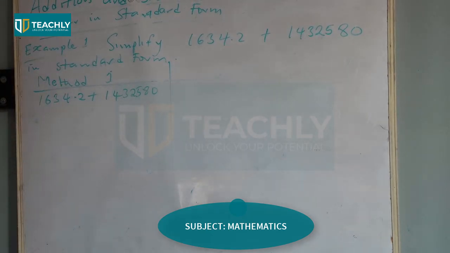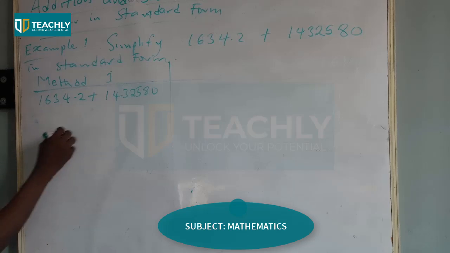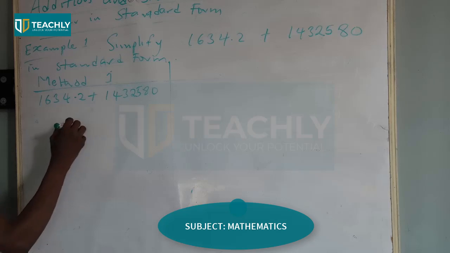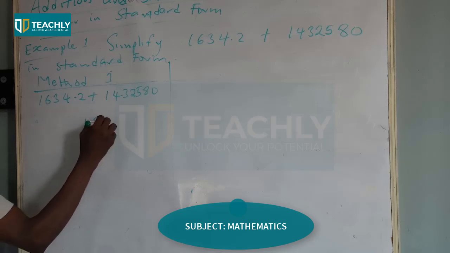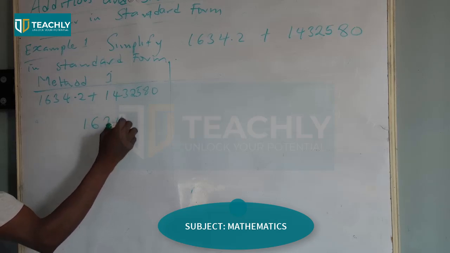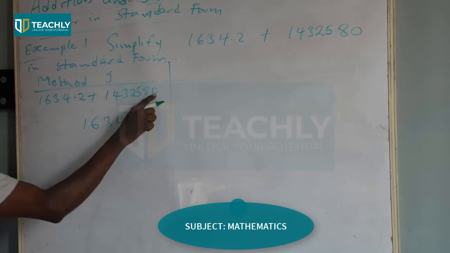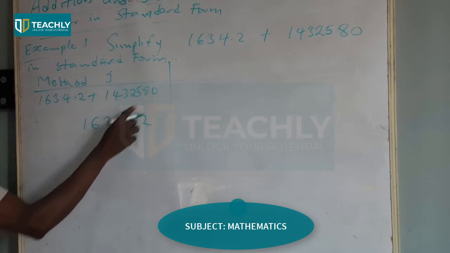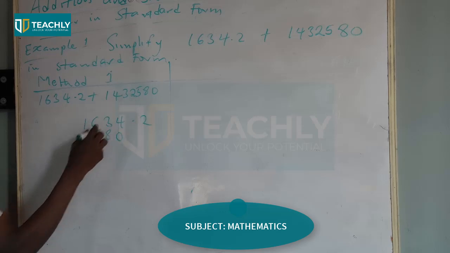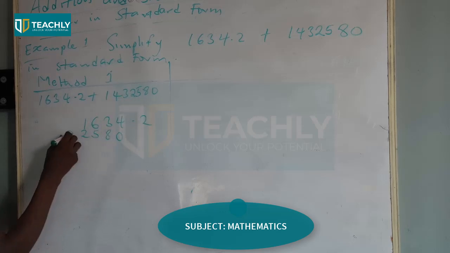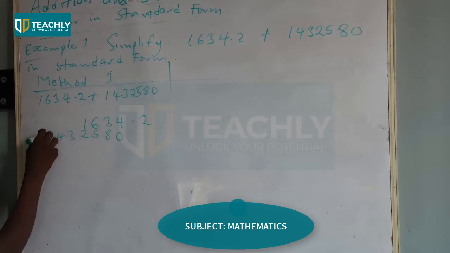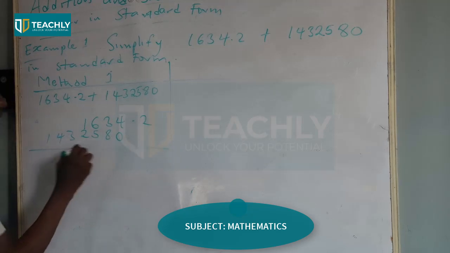If you are to add them together, you can have something like this. Let's add directly before we get the final answer. You write 1634.2, and under it 1432580.